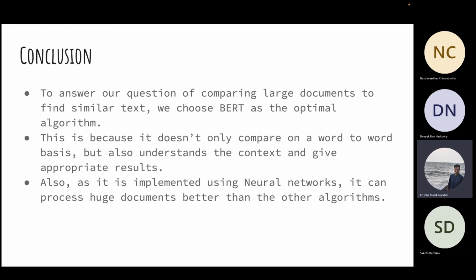So this is how we would get benefited by understanding the context of those documents and take some of them after the BERT gives us the similarity scores. And also, as it is implemented by neural networks, it can process huge documents easier compared to the other algorithms. So that's how we would want to conclude by using BERT for our question.